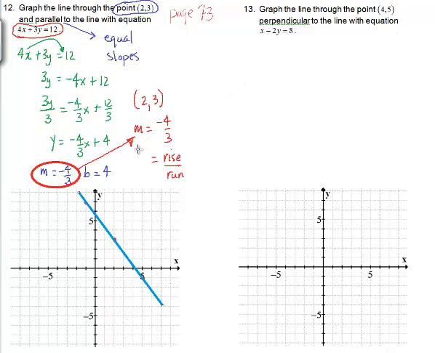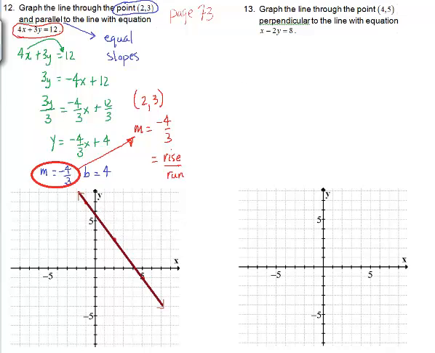Now if you want to graph the first line to see that it's parallel, you could have done that as well, but it only asked you to graph that particular line. So I'll just put arrowheads on it there. There we go. Alright, so that's the answer to number 11. Now label key points.